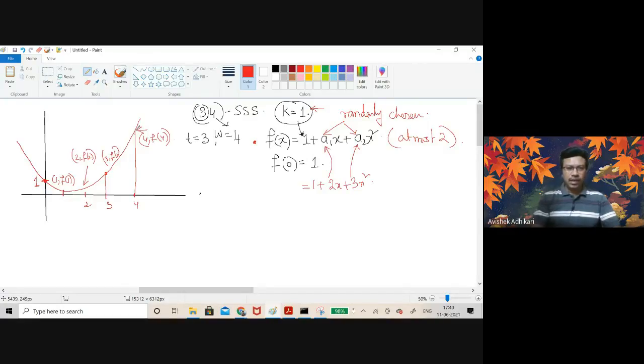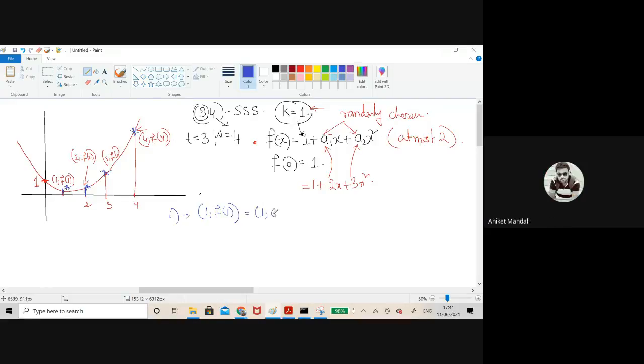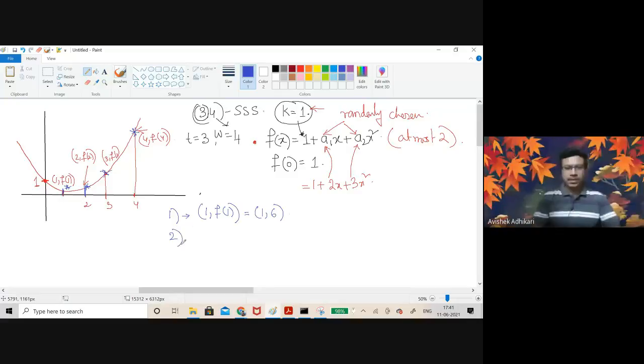Okay. Now there are 4 participants, and each of these participants is given a point as the share. Participant 1 will be given the share 1 comma f(1). Can anybody tell me quickly what f(1) is? 6. For the second participant, it will be 2 comma f(2).